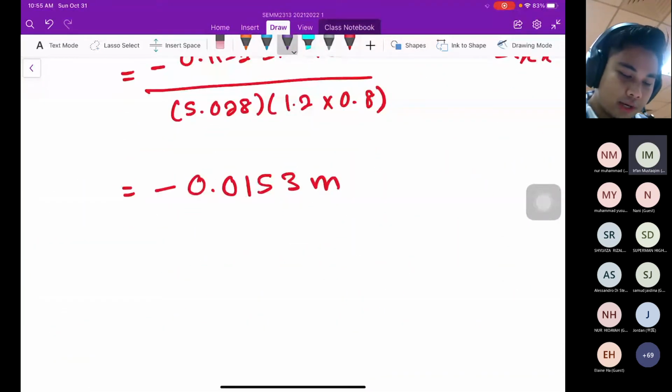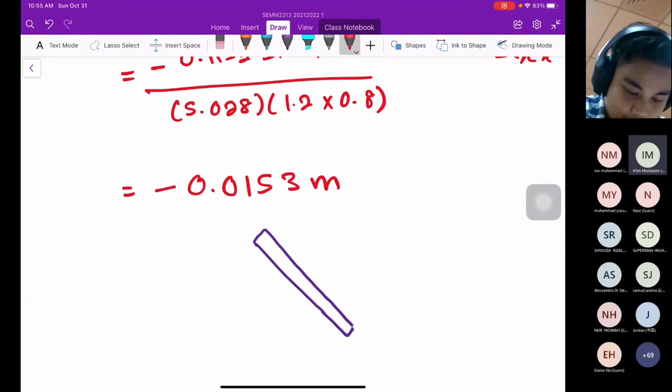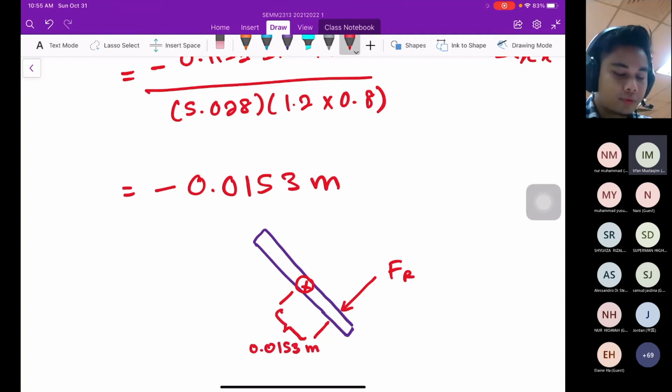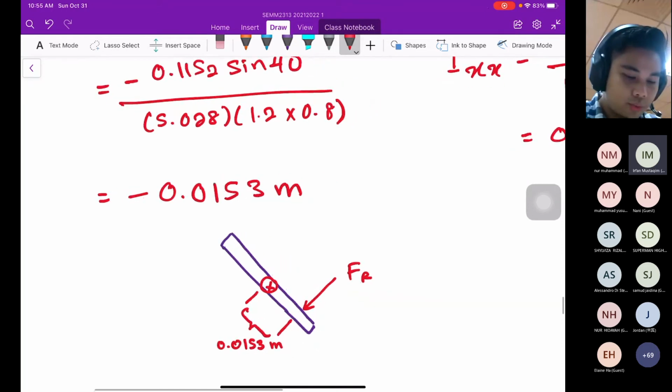So I would like to draw again. This is our door, and then this is the centroid, and this is the resultant force. So this is the length here, it is 0.0153 meter.